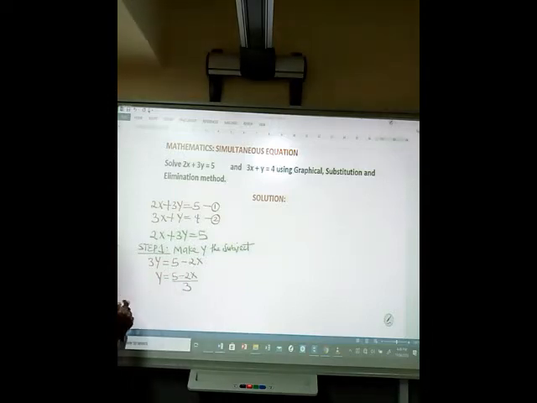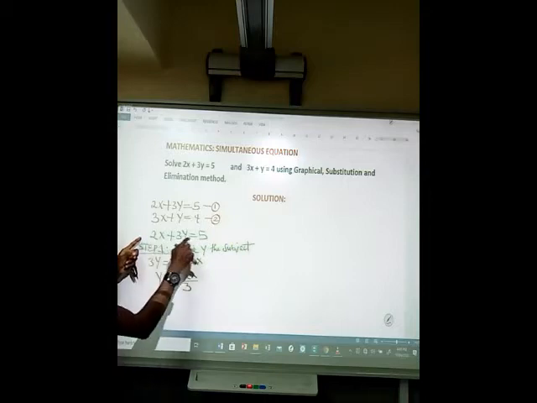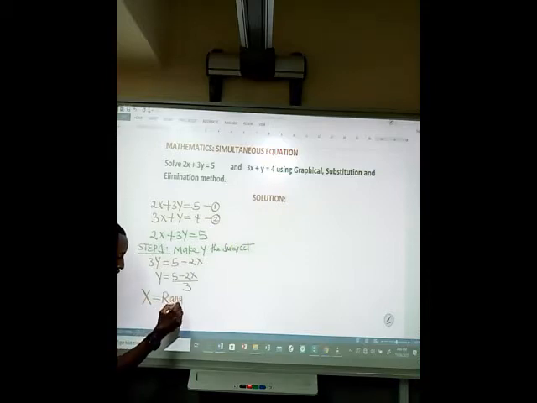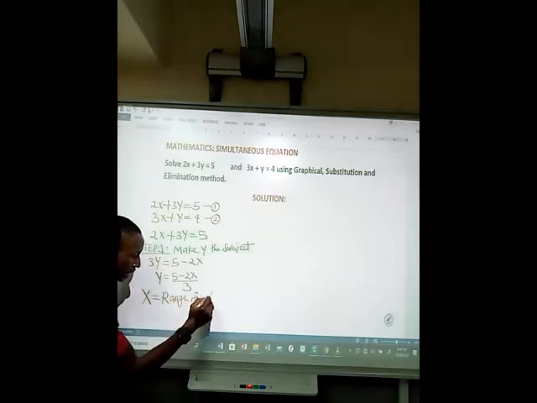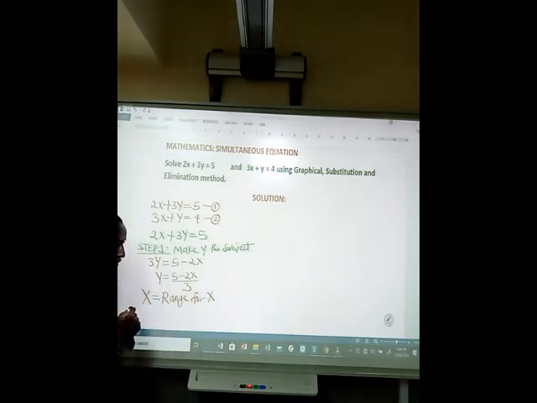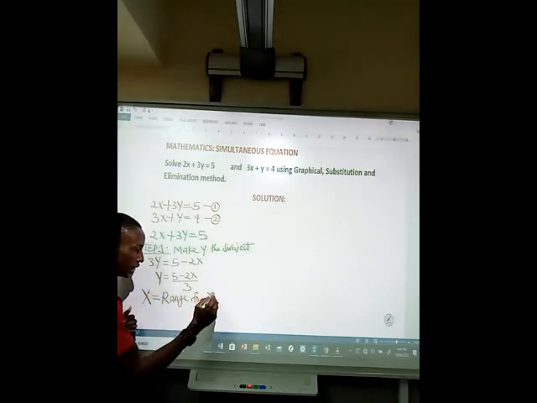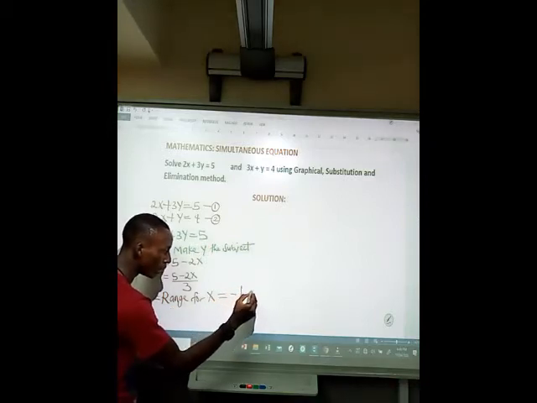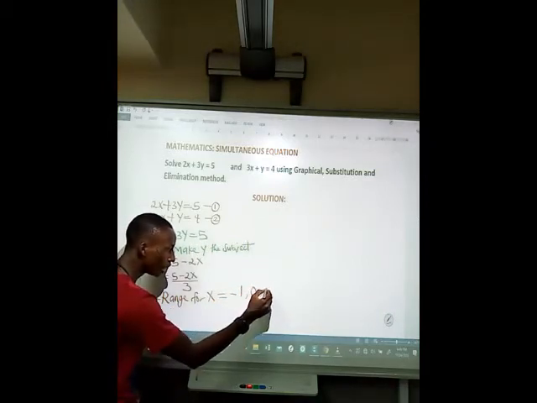Now you create a table for this equation. To create a table for this equation, you are going to assume a range of values for x. For the sake of this video, let's make use of the range minus 1, 0, and then 1.